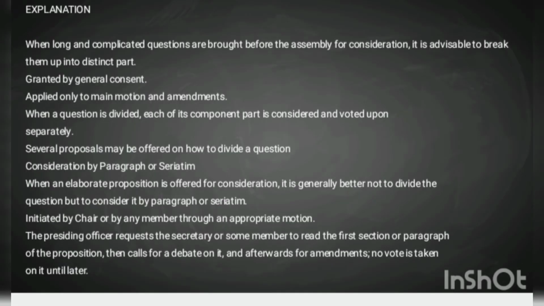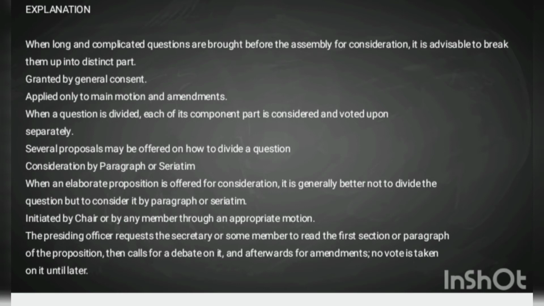When bringing long and complicated questions before the assembly for consideration, it is best to divide them up into separate portions. Why? So that they are more understandable and their consideration may be completed more quickly. The division of question, as a rule, is proposed or stated as a request and it is granted by general consent.